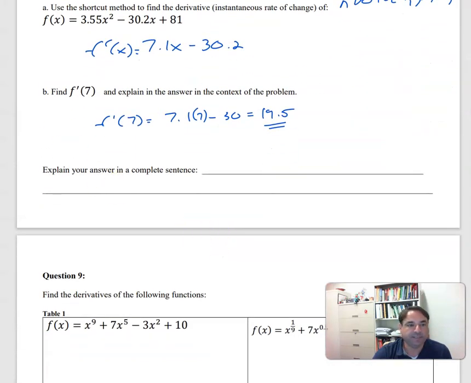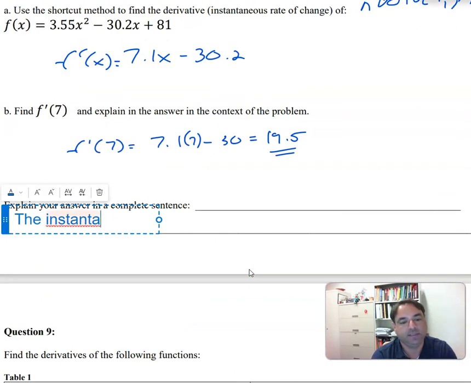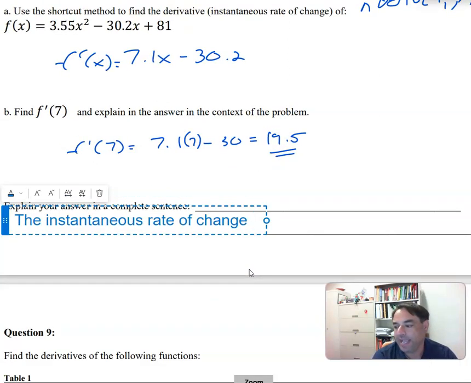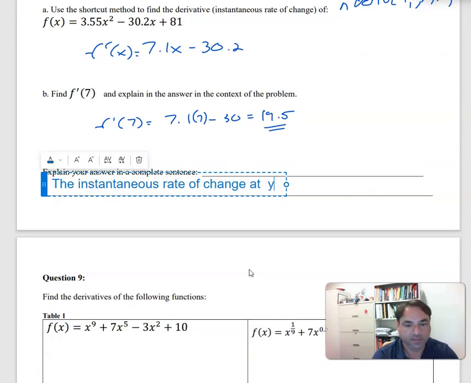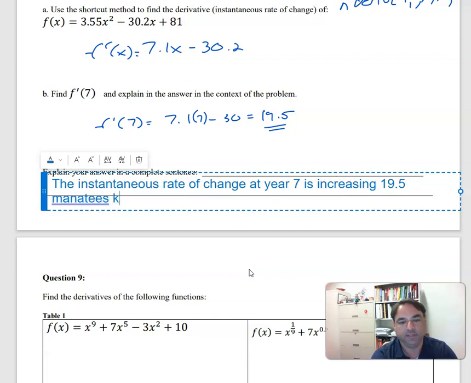So this one in a sentence, instead of the average rate of change, this one's going to be the instantaneous rate of change at year 7 is increasing 19.5 manatees killed per year.